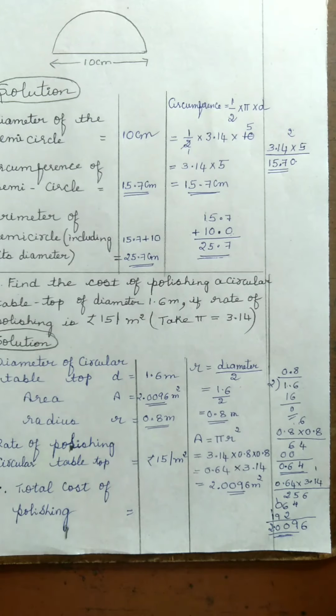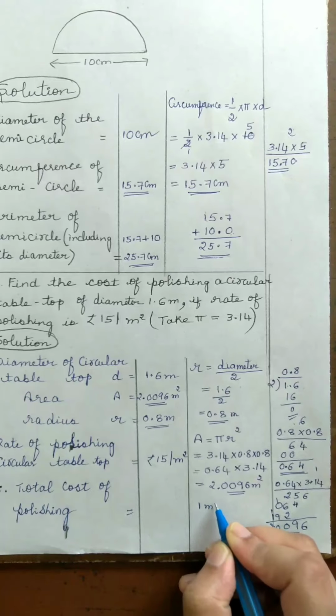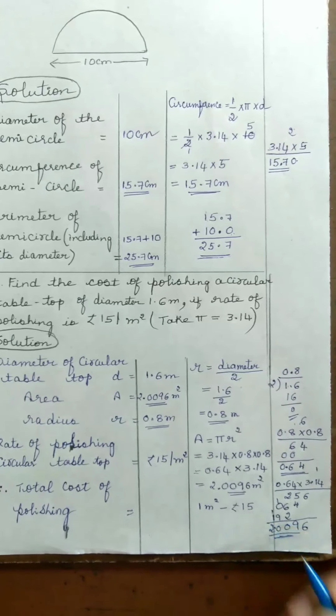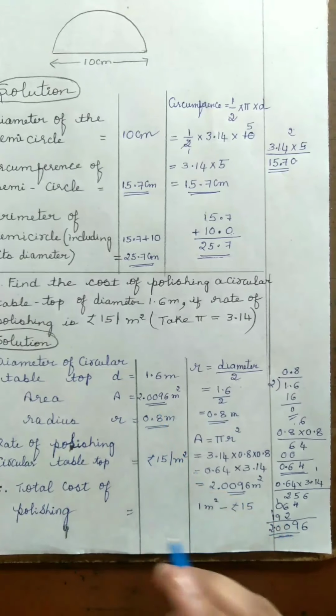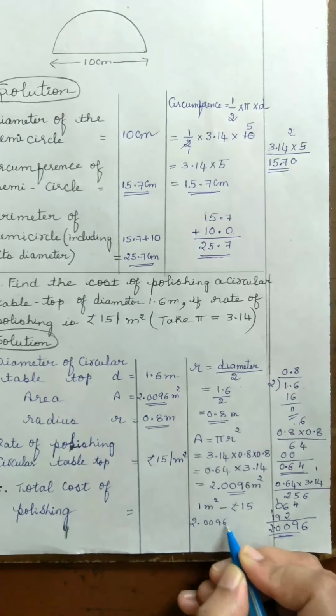Now, the rate of polishing the circular tabletop is rupees 15 per meter square. Therefore children, for 1 meter square, it is rupees 15. Now we have got the area, that is equal to 2.0096 meter square.